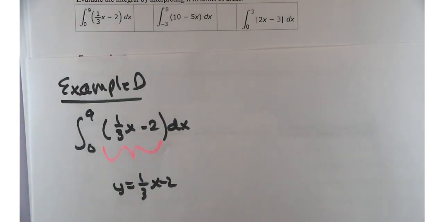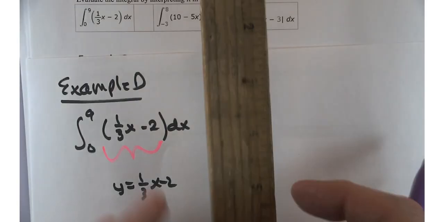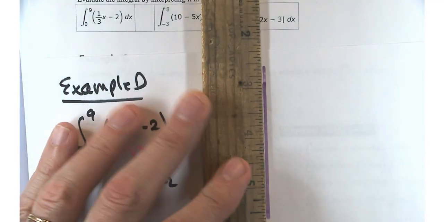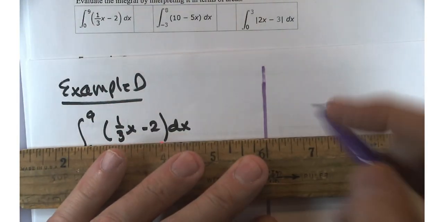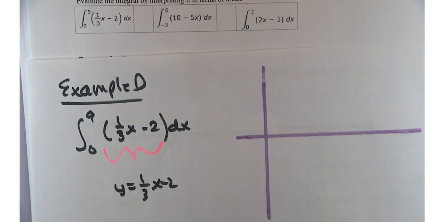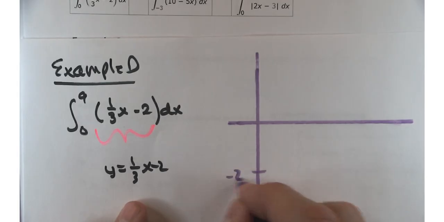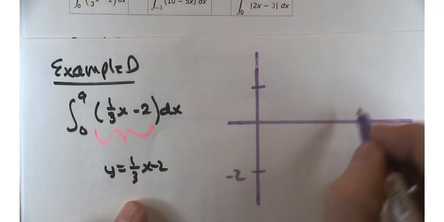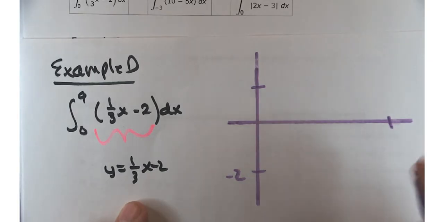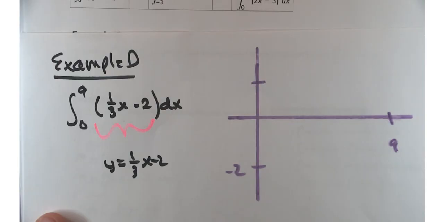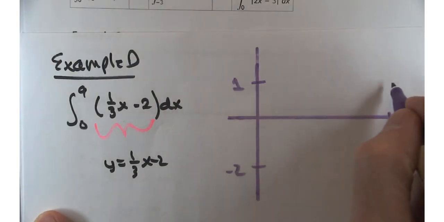And let's see if we can't draw that line. What can you tell me about this line? Starts at -2. All right, so the y-intercept is here at -2. Where is it going to end up when x equals 9? How would you figure that out?